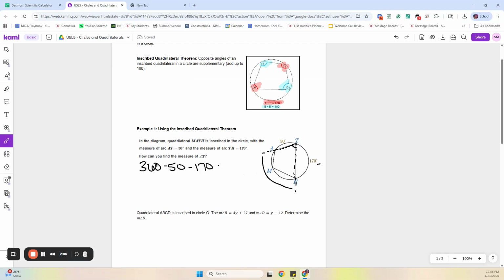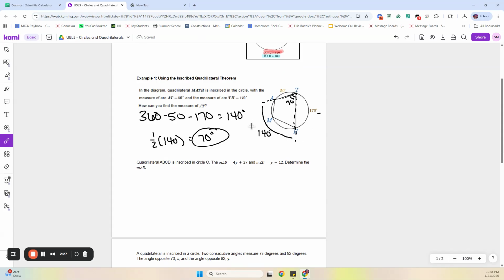So that means I got 140 degrees here. And then this inscribed angle is going to be half of the 140. So that means I get 70 degrees. So that's going to be 70 degrees right there.